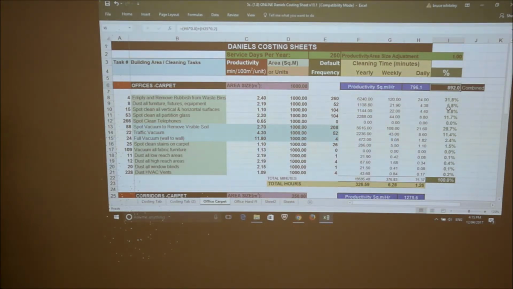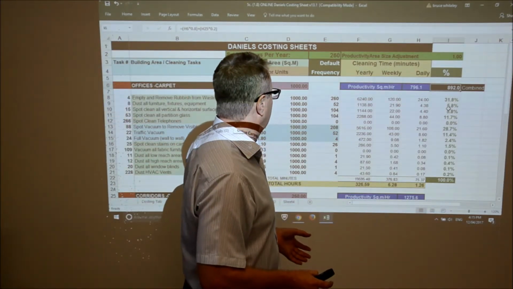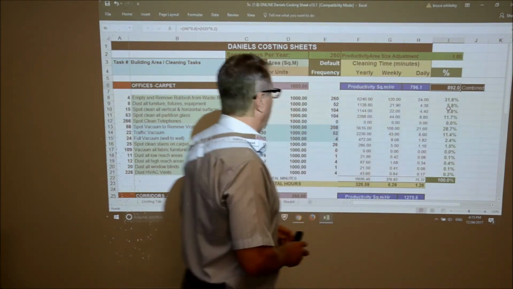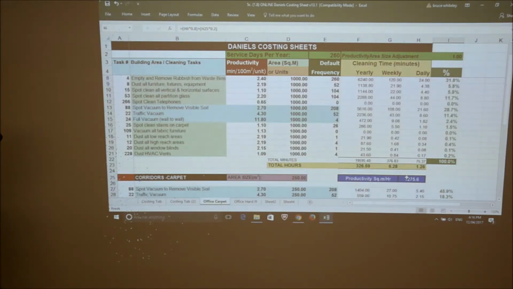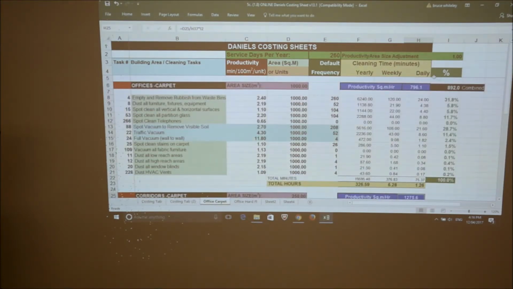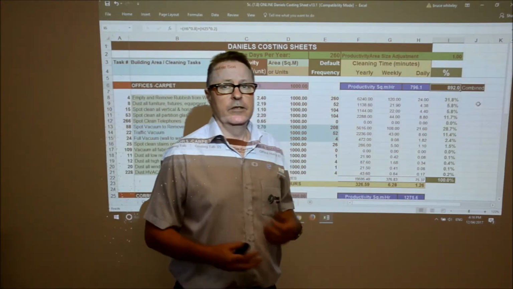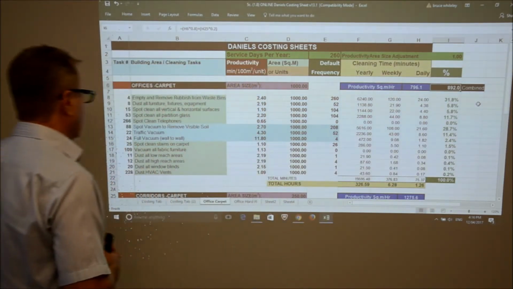And what I've assumed there is 80% of the area is going to be cleaned at this productivity for the offices, and 20% of the building is going to be corridors. So 20% of that time is applied to our total productivity to come out at 892, or approximately 900 square metres an hour.